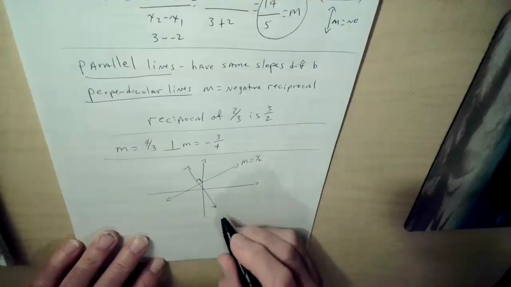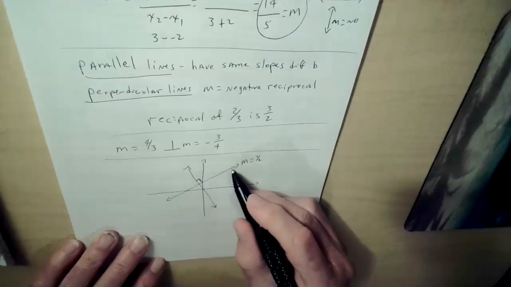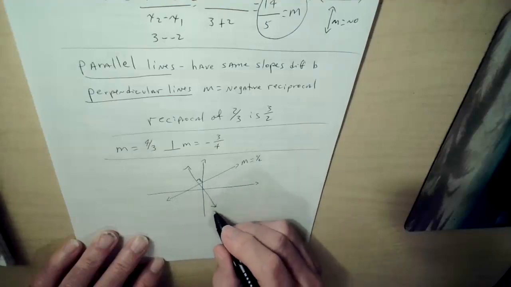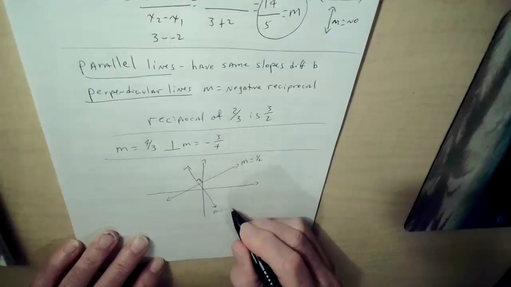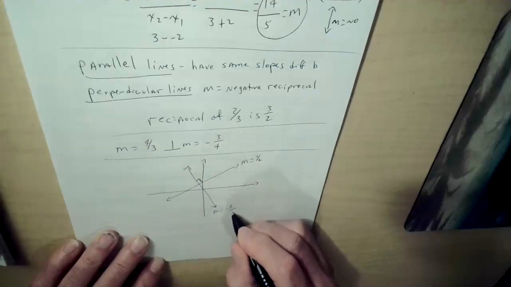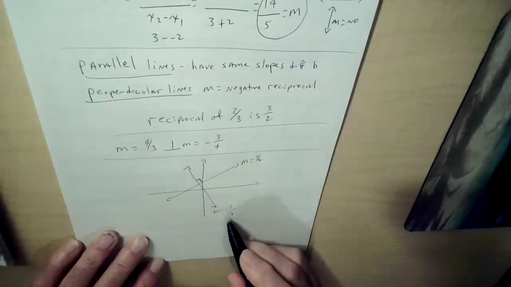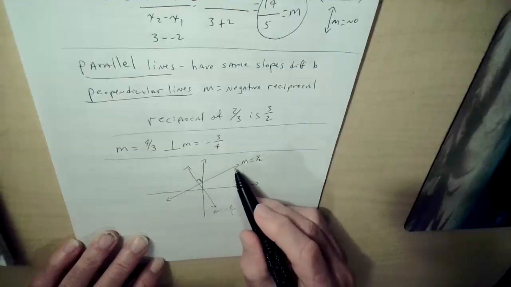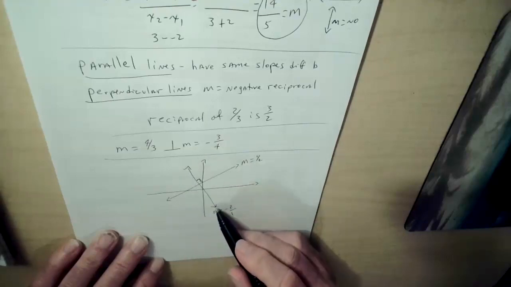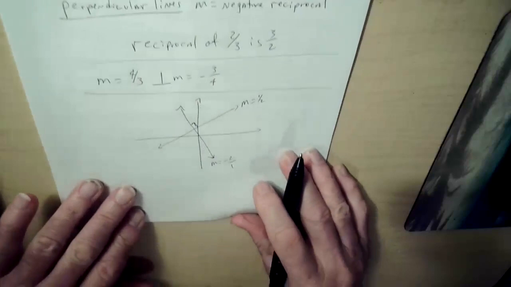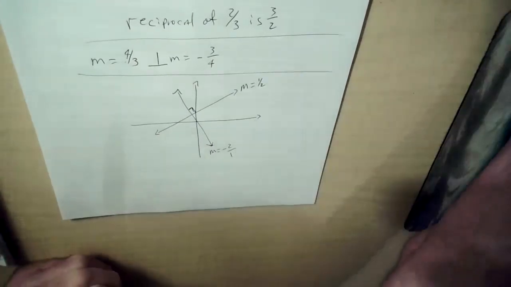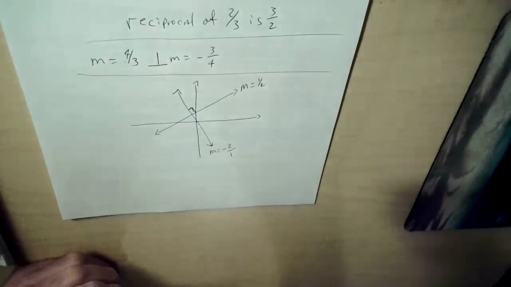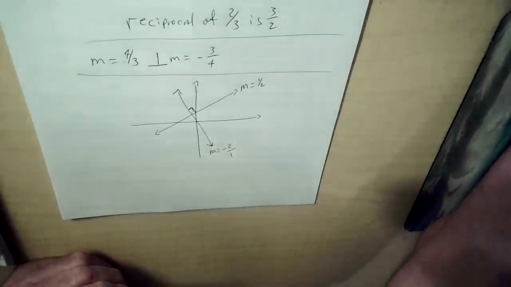If you'll notice, here the slope is like 1/2, something like that. Here, this is positive, right? Positive 1/2. Here, the slope is negative and kind of steep. Okay, flip them over. One will be positive, the other will be negative.